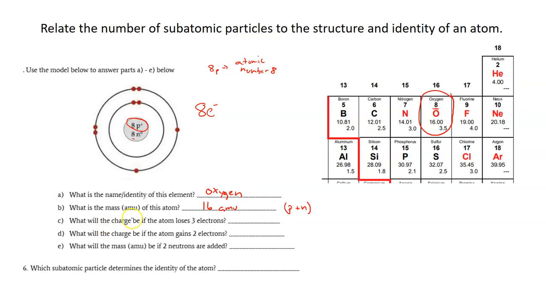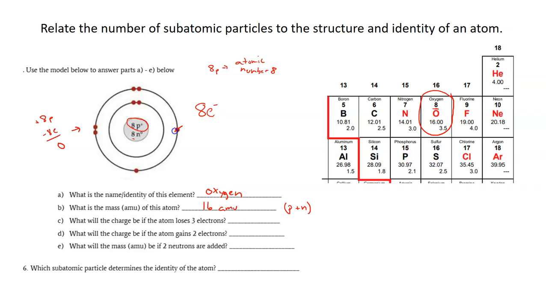So this is, what will the charge be if the atom loses 3 electrons? So first of all, what is the charge the way that it is? Right now, we have 8 protons and 8 electrons. Remember, that's like a plus 8 and a minus 8, so our charge is 0, the way it is written right here.